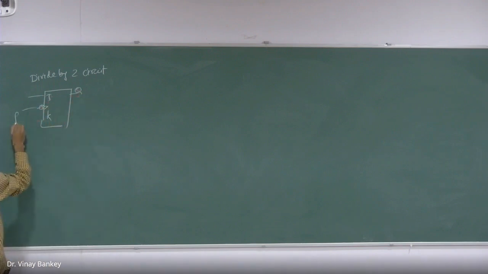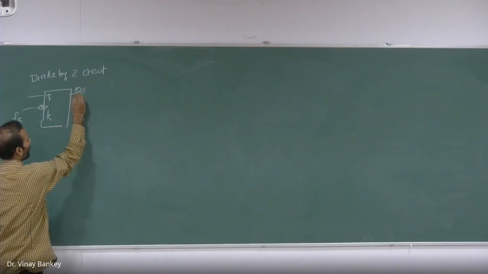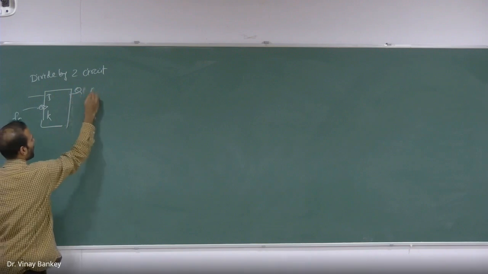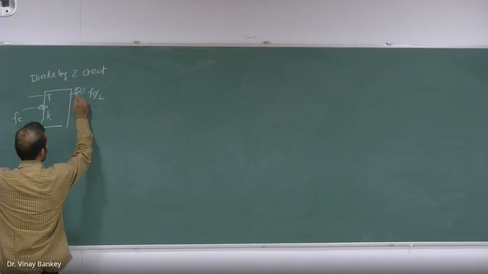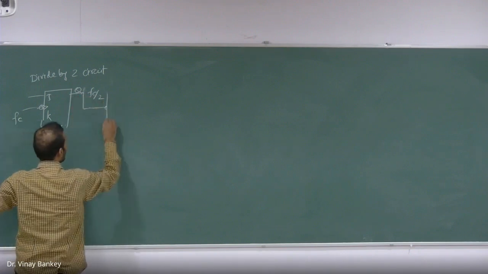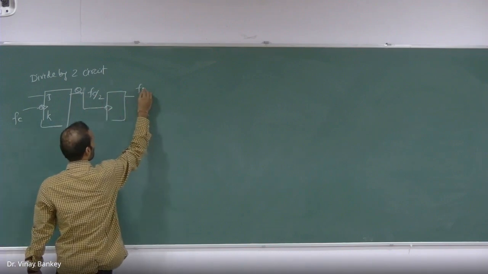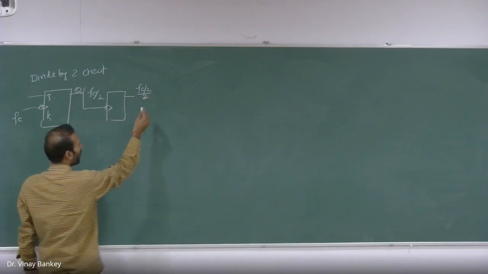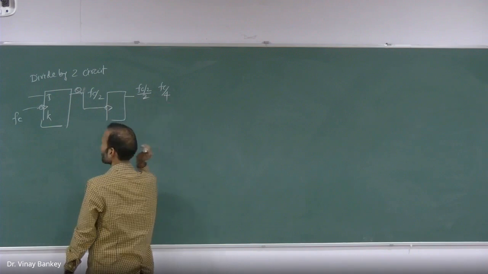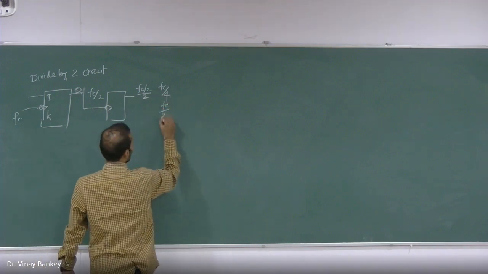So if the frequency of this clock pulse is fc, the frequency of the output of this flip-flop will be fc by 2. And if this flip-flop is connected in the previous manner, in the asynchronous manner, again we have frequency division here, that will be fc by 2 whole by 2. That will be equal to fc by 4, and I can write this as fc by 2 power 2.